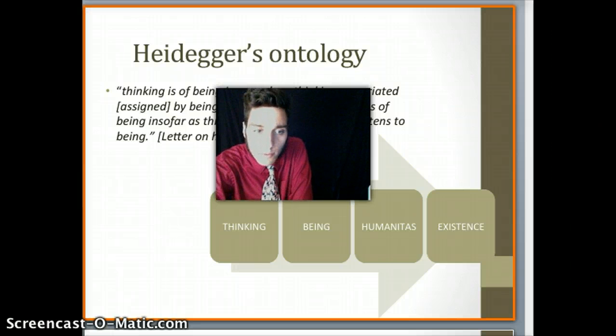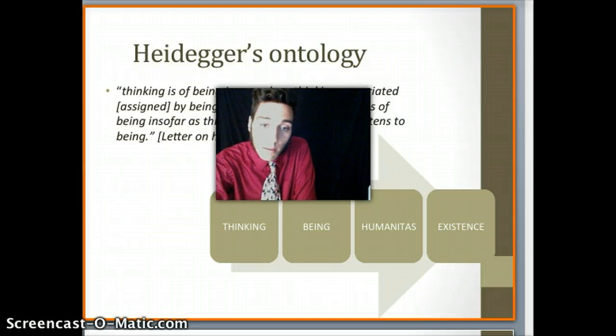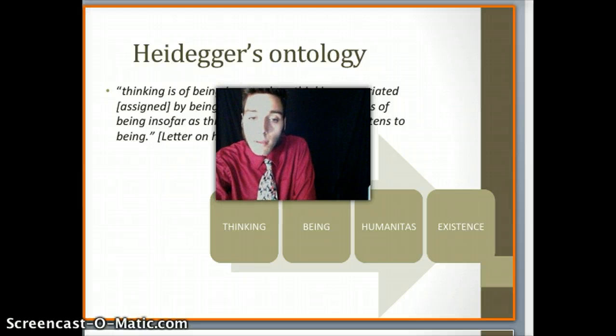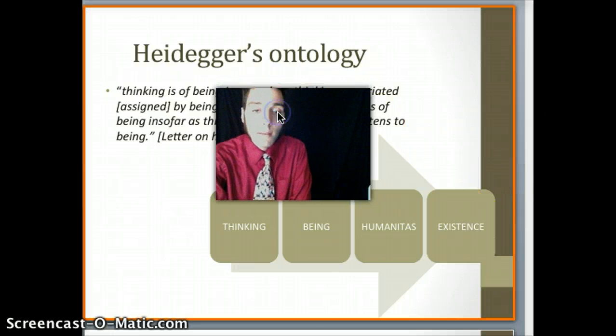So basically what this quote says is that our thoughts ought to be directed in a way that assists with our development of ontological security. Put another way, your thinking should allow your ontological sense of self to develop in a useful way.